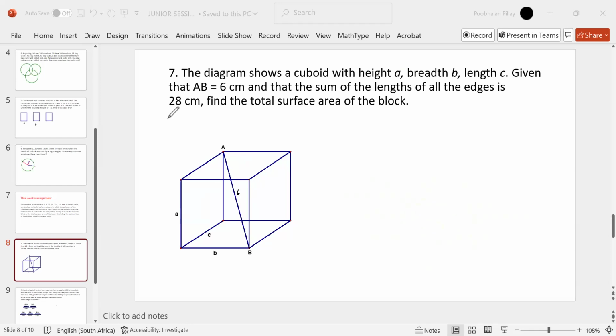I'm just going off the track here, but it's nice to know these terms. 12 edges, 6 faces, and the corners we call vertices: 4 vertices at the top and 4 vertices at the bottom, which makes 8 vertices altogether.